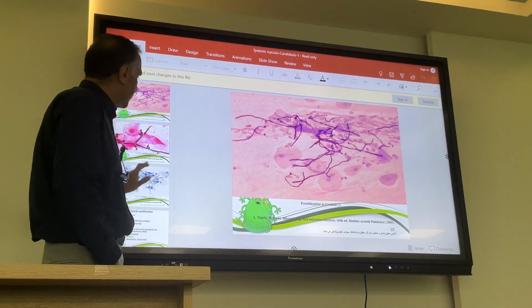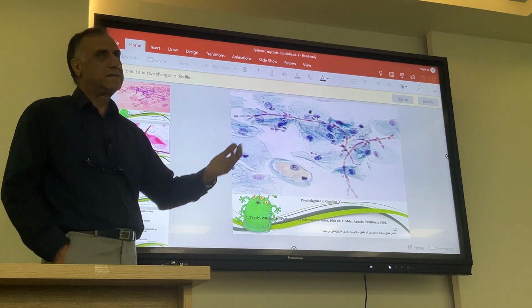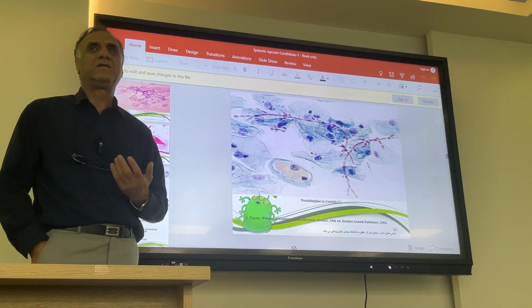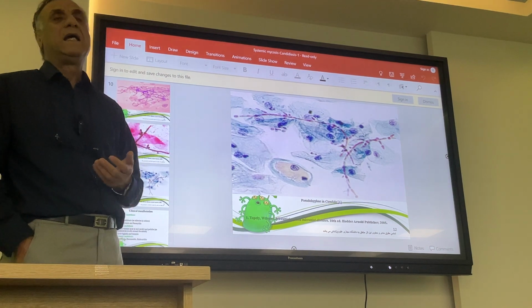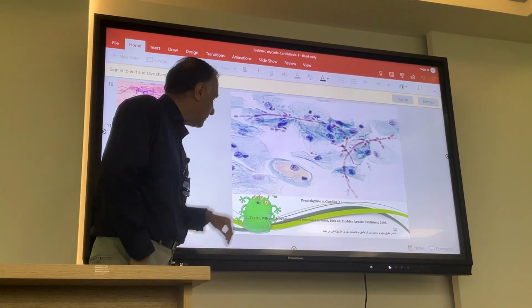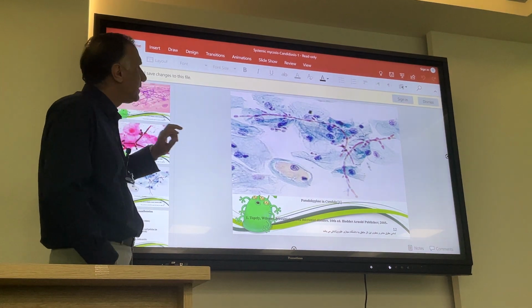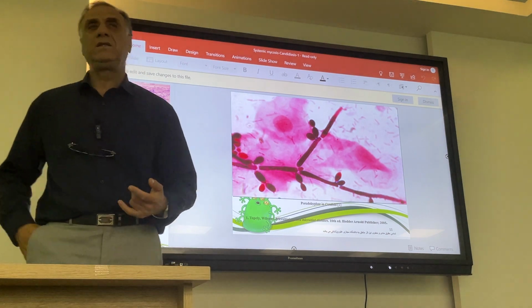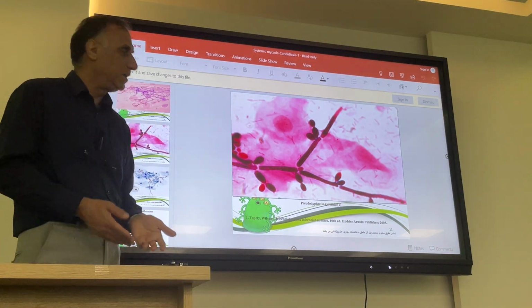This one, and this one. CSF or tissue material, oral cavity, vaginal discharge, nail disorder. If you find this fungal element, the diagnosis is candidiasis and you report to the physician for treatment.